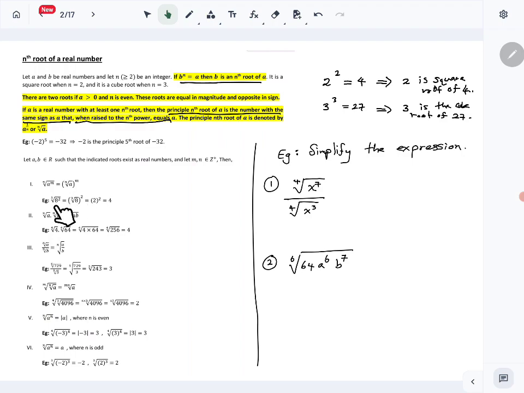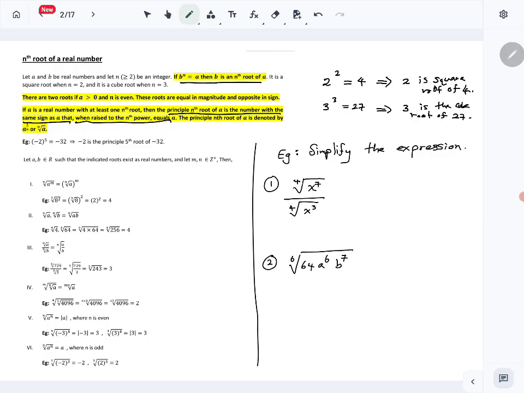So for example, we have cube root of 8 squared inside, then you can write it as cube root of 8, whole thing raised to square, and cube root of 8 is what? 2, no? 2 squared is equal to 4. So you should know how to simplify these.